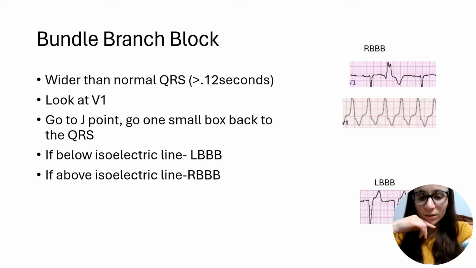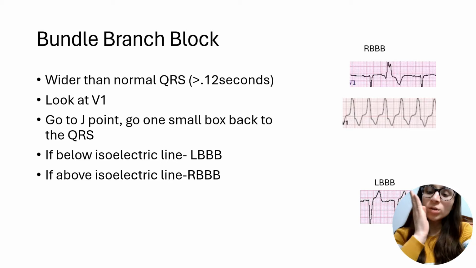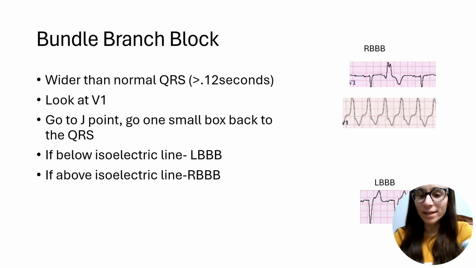Then you're going to look at lead 1. Go to the J point, which we spoke about before, and go one small box back toward the QRS. If it's below the isoelectric line, it's a left bundle branch block. If it's above, it's a right bundle branch block. For instance, over here you have a QRS.